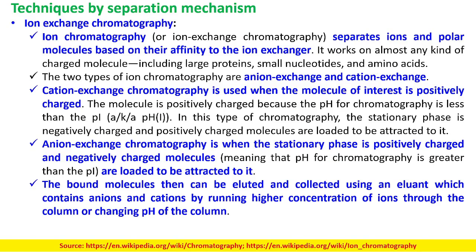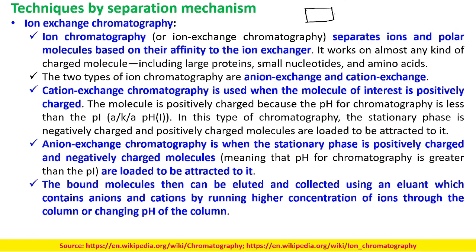Then we have ion exchange separation. So under this we have ion exchange chromatography. It is similar to the affinity chromatography. However, in this case, suppose you are having a matrix. Now this matrix, this stationary phase, is ionized.